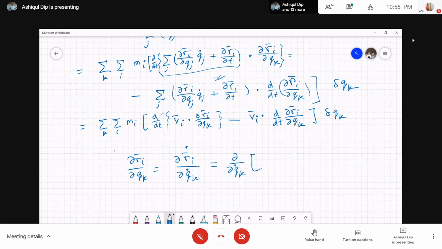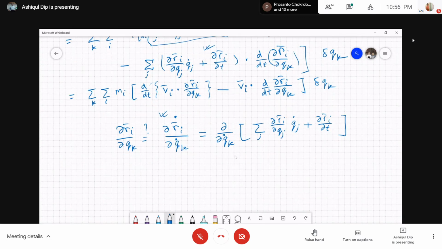We do not know if these two things are correct, so let's start with this part: ∂r_i dot over ∂q_k dot. Now r_i dot is just velocity, and we can expand that as sum over j of ∂r_i/∂q_j times q_j dot, plus ∂r_i/∂t. Look, ∂r_i/∂q_j is a function of coordinates only, so it is not a function of velocity.